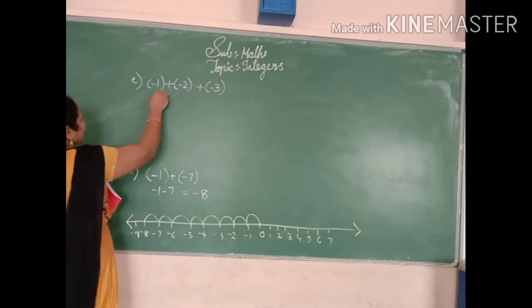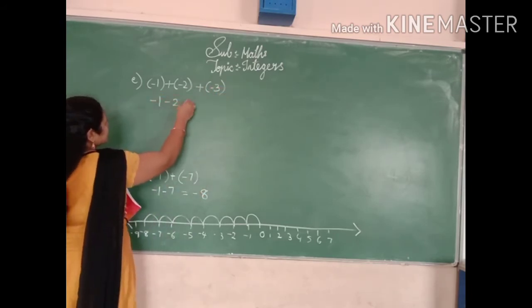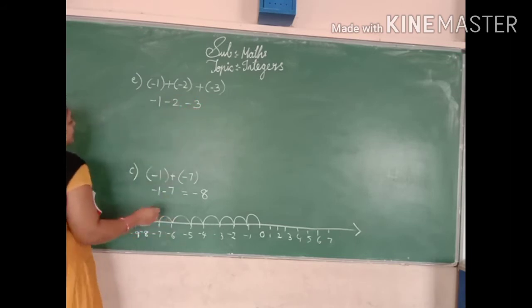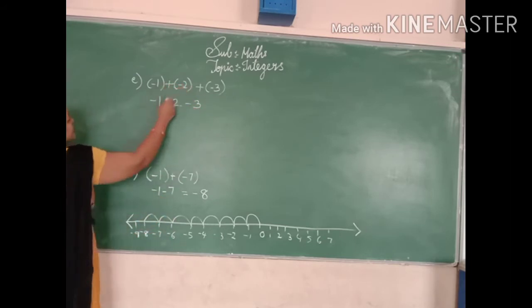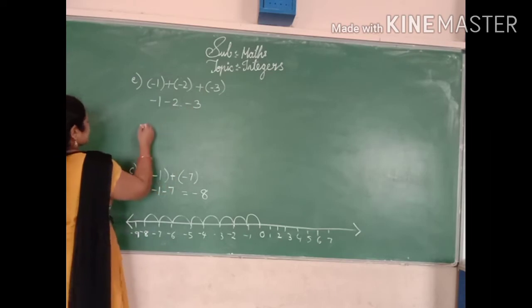So here we have minus 1, minus 2, minus 3. Plus into minus is minus, plus into minus is minus.